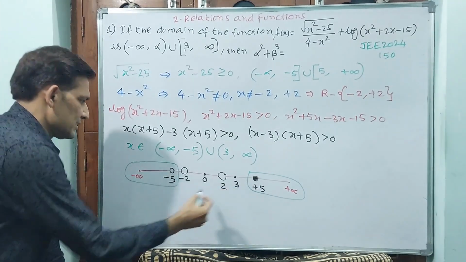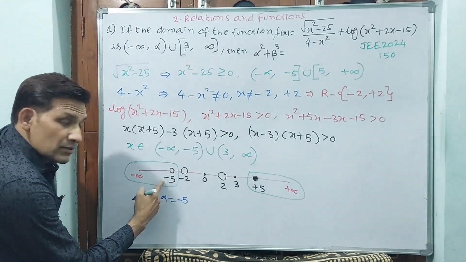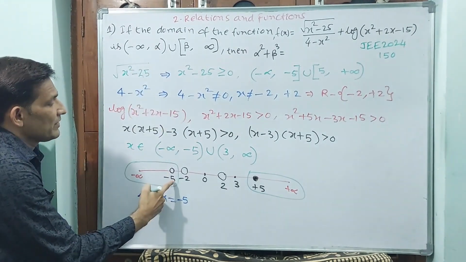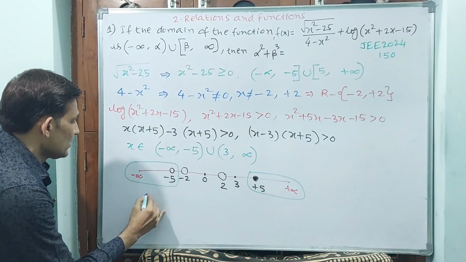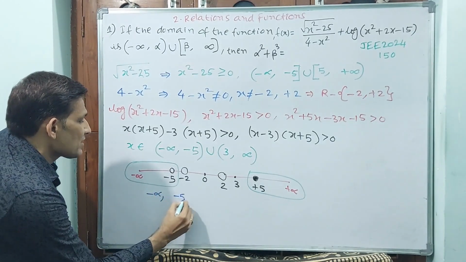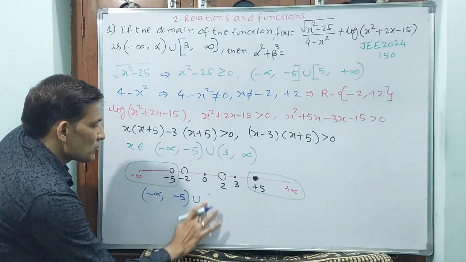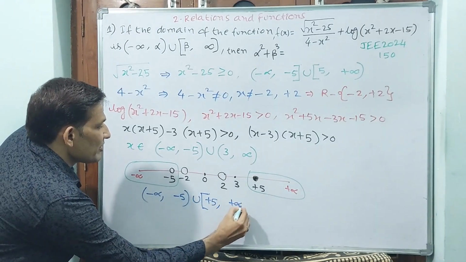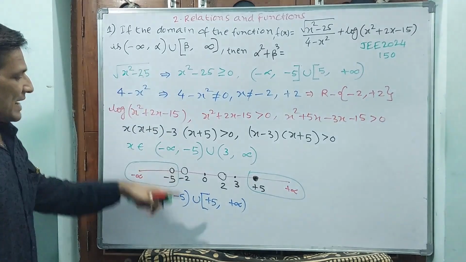Now, by seeing this, I can say alpha will be minus 5. Let me write first: minus infinity to minus 5, open interval, union plus 5 to plus infinity, open interval. Open, open, open, close. Is it matching?